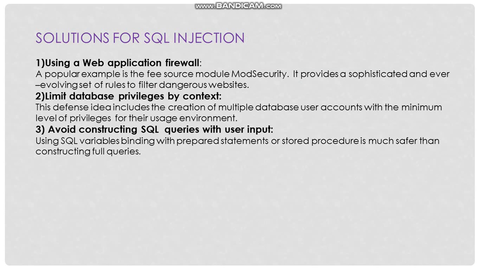This means that if we have prepared statements or stored procedures, that is much safer than constructing full queries. Also, on a basic level, everybody should try to run updates on their computers and use patches so that if their particular system is vulnerable to SQL injection, then that can be sorted out.